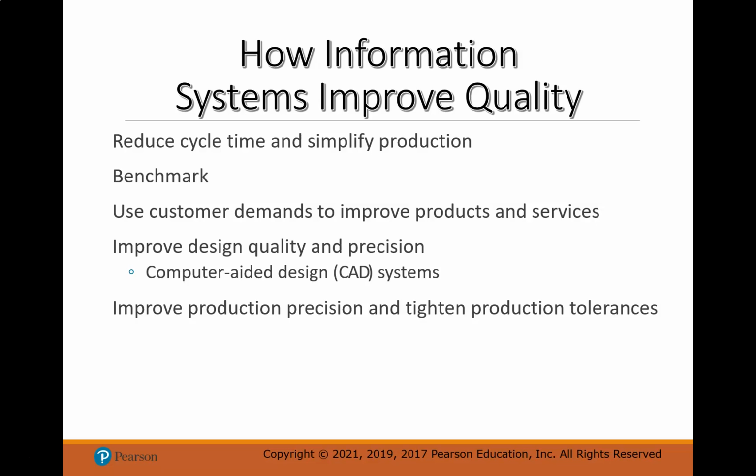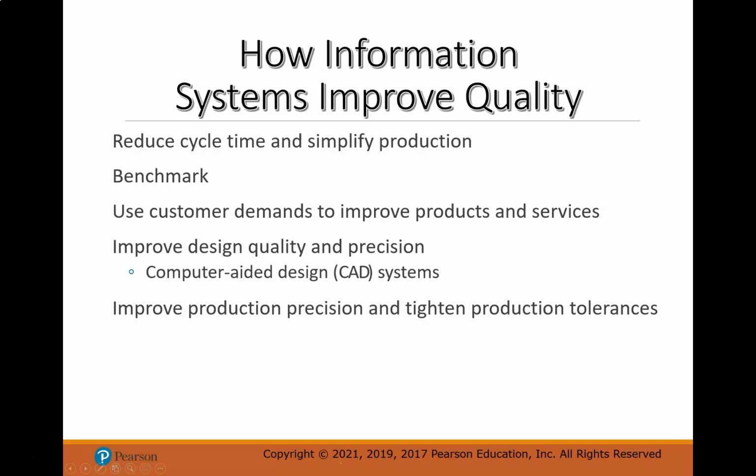All right. So, how information systems improve quality. Basically, simplifying the product or service in the production process. The fewer the steps in the process, the less time and opportunity for an error to occur, or for something like a clamp needing to be put on. Facilitating benchmarking: set strict standards for products and services and other activities, and then measure the performance against these standards.